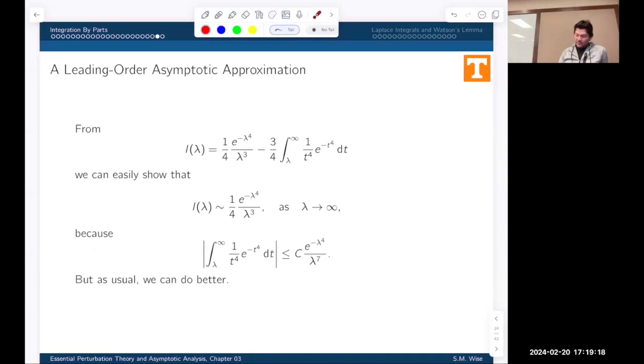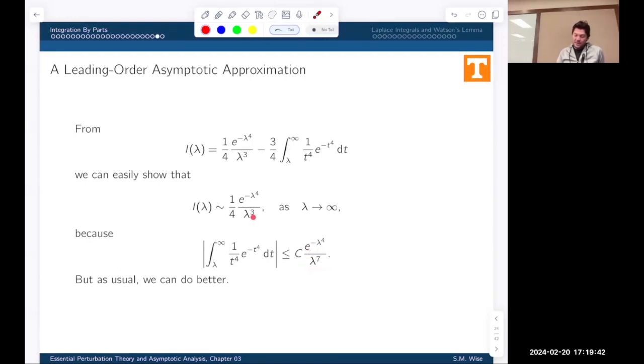Of course, if I want to stop with that one term approximation, no problem. I can just deal with the remainder. In fact, you can show pretty quickly that the remainder is going to be bounded by a constant. So this is what I'm going to call the remainder here, this whole thing. In absolute value, it's bounded by a constant, e to the minus lambda to the 4th over lambda to the 7th.